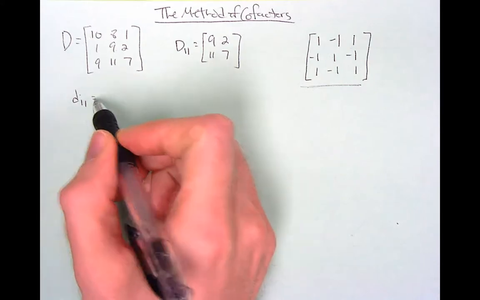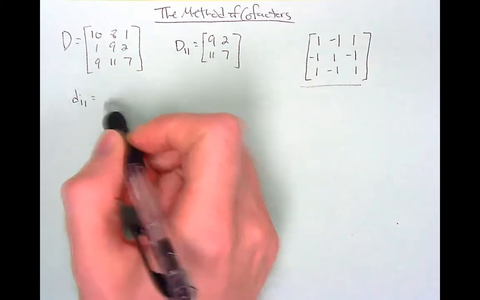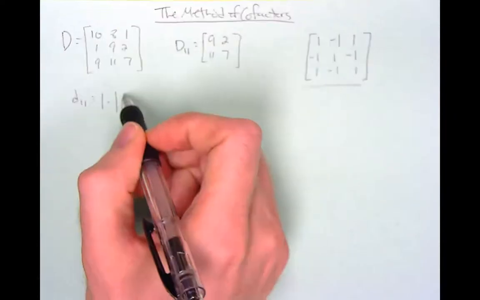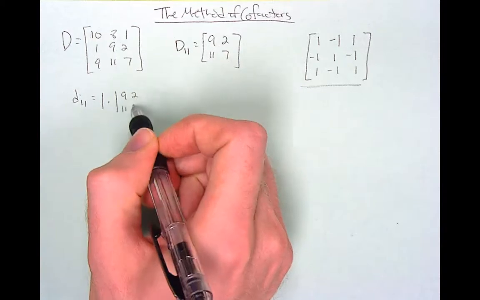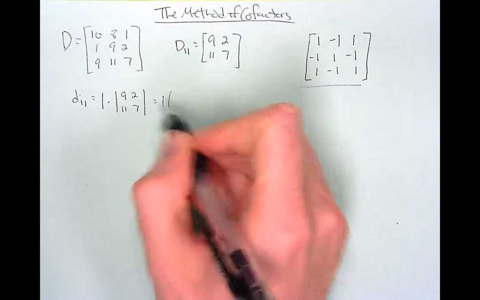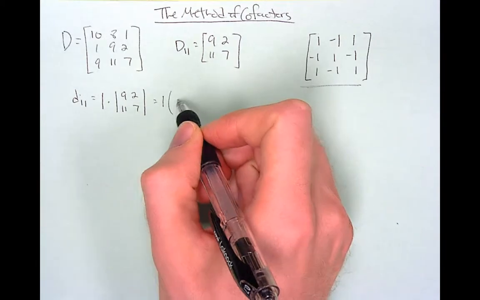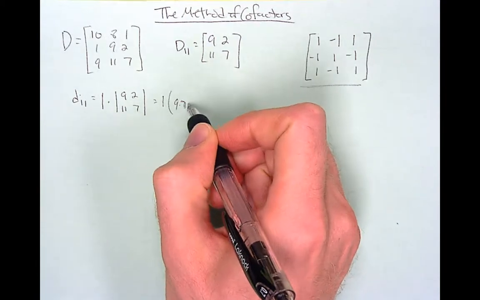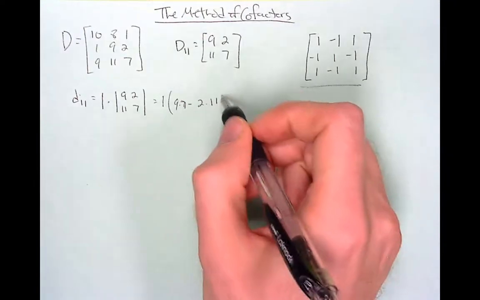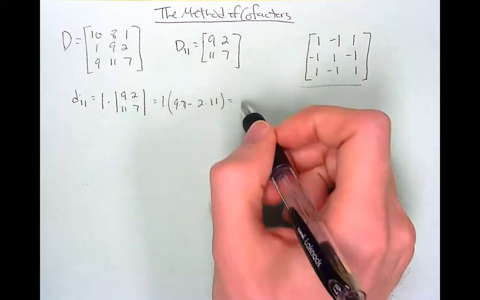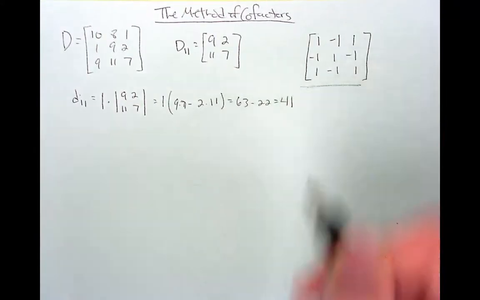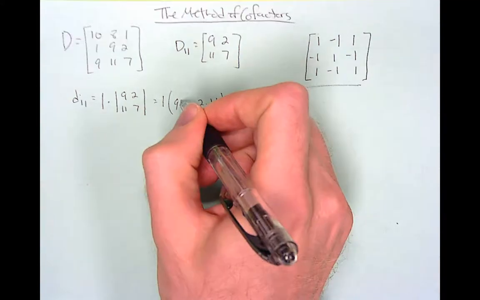So it's going to equal this 1 times the determinant of this one, 9, 2, 11, 7, which is equal to 1 times, we're going to have 9 times 7 minus 2 times 11. Reduce that, we get 63 minus 22, which is 41. Sorry, that's a 7 here.